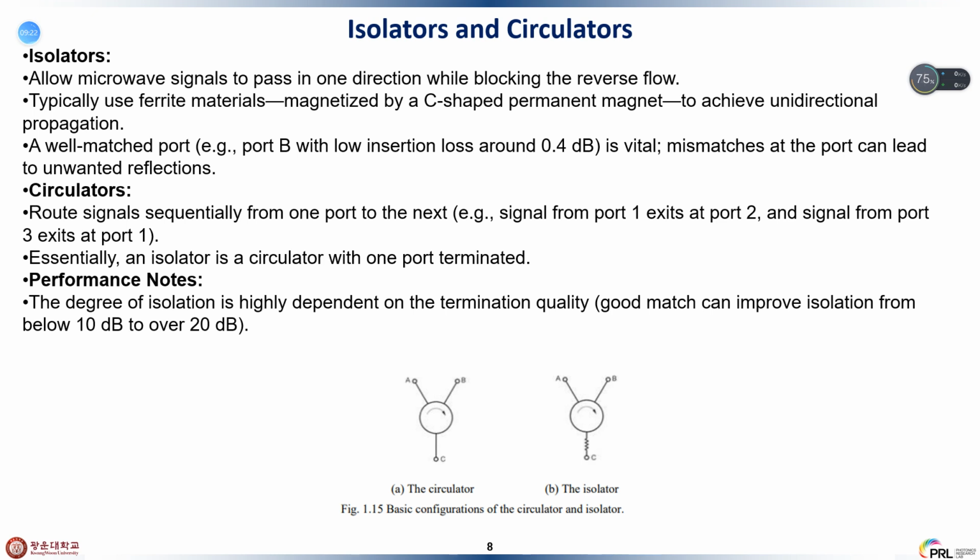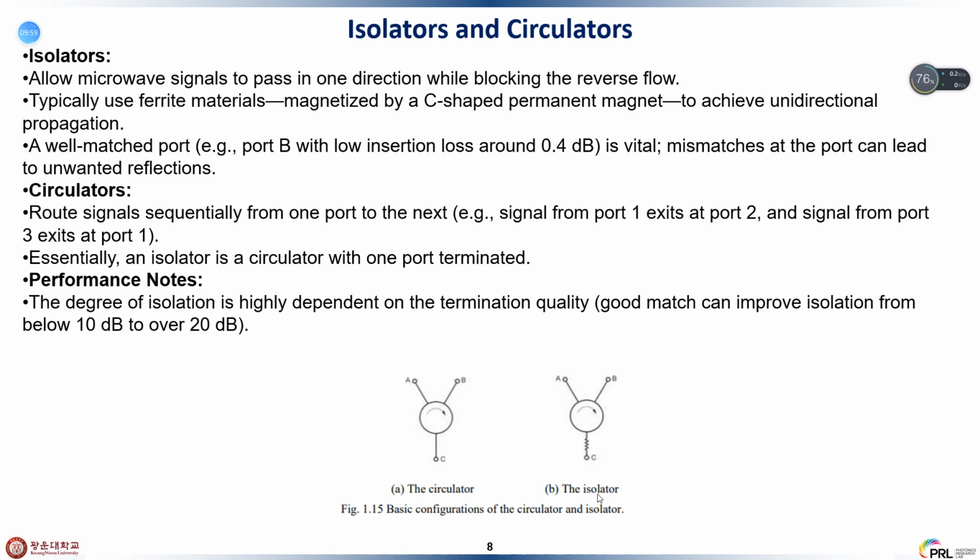Isolators are essentially circulators with the third port terminated, and good impedance matching at the third port is essential to achieve high isolation, often exceeding 20 dB with proper terminators. We can see these two pictures.